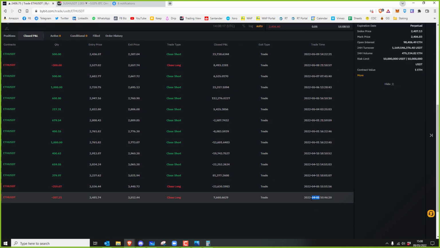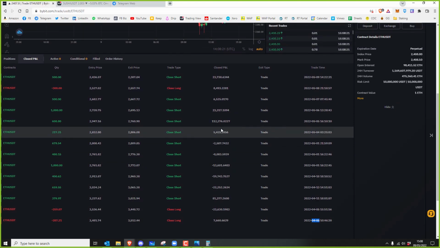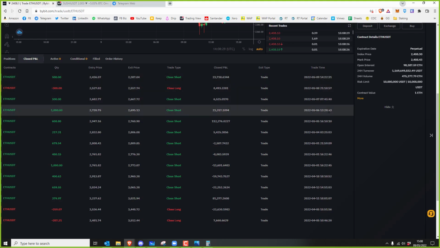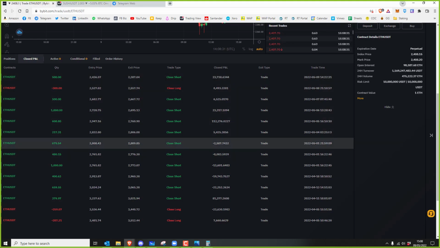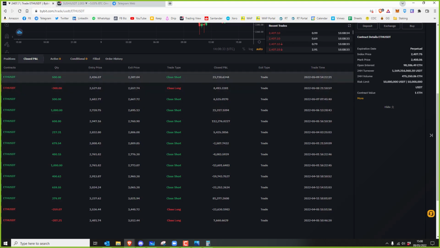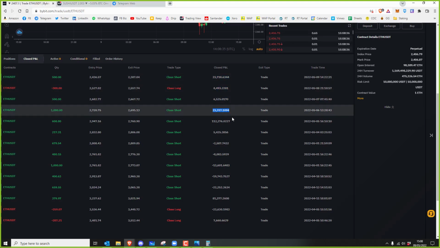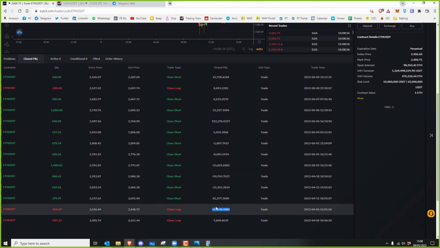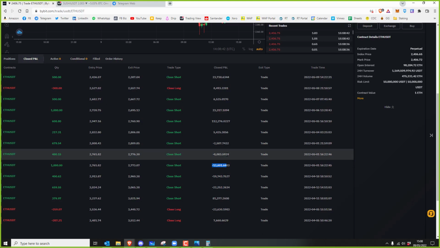I'm pretty sure I placed trades on Ether before 5th of April. But yeah, you can see a relative history of all my Ether trades. So just on Ether today, if we take all of my trades, 23 grand, 8, 6, 23, 112, 5. Haven't really lost much on Ether actually. It's been quite nice to me.